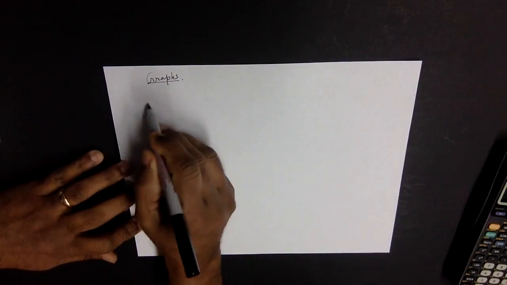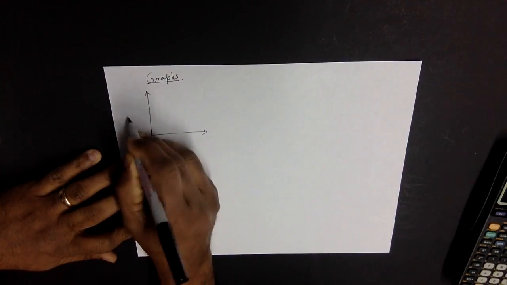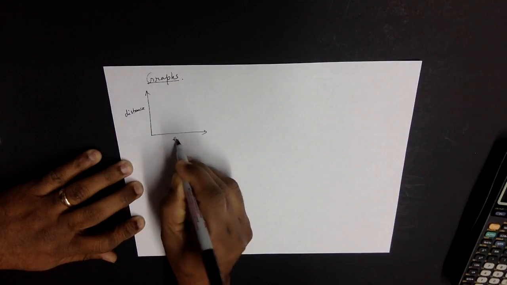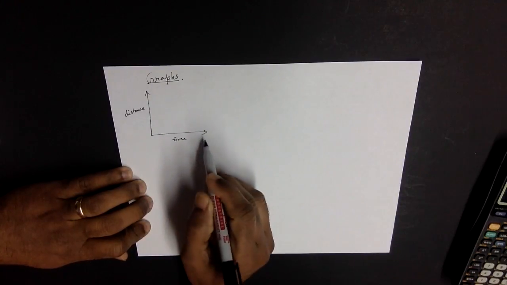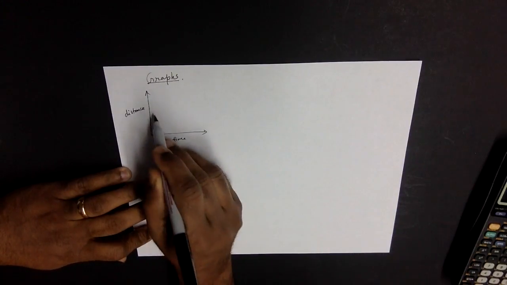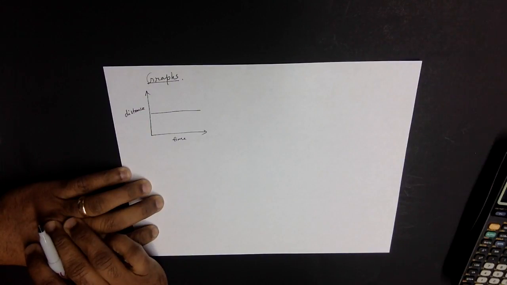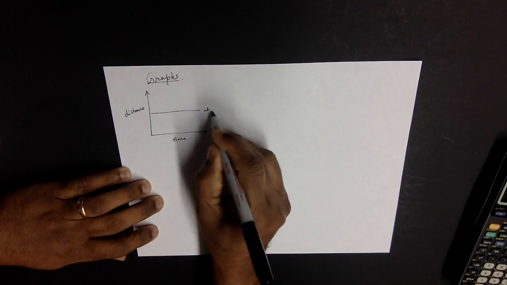So if I plot a graph of distance and time, and if I draw a straight line like this, what does that imply? The straight line implies that you are at rest.